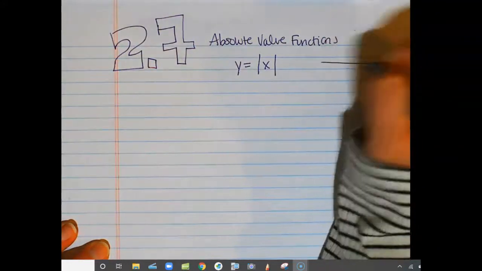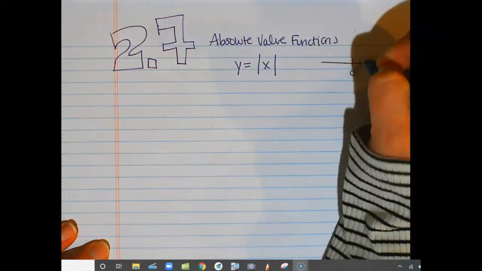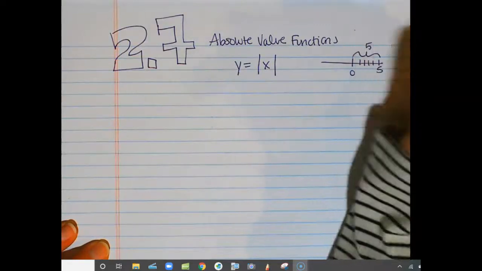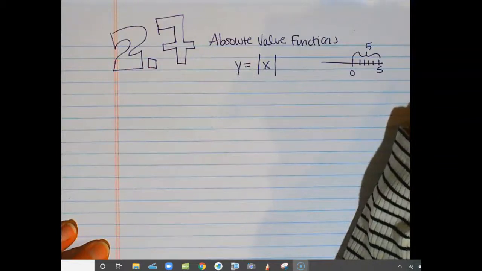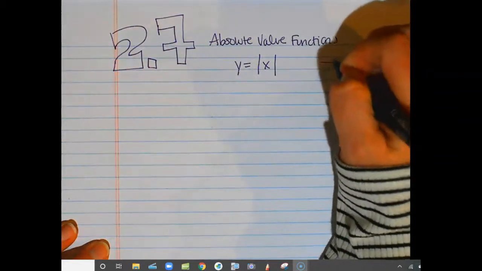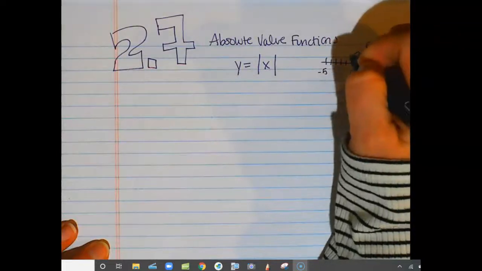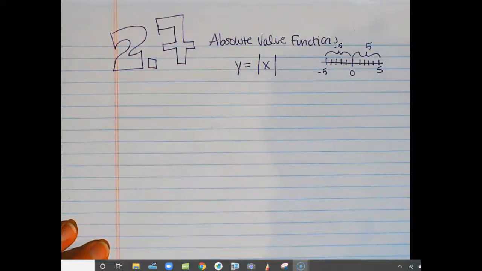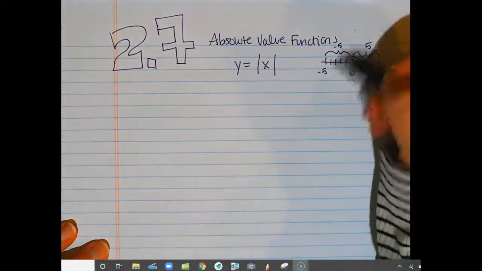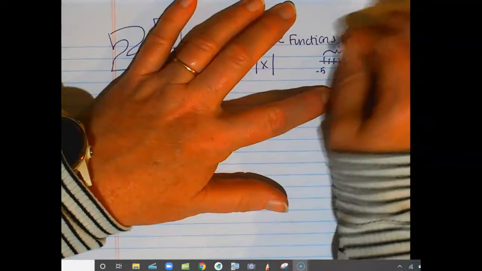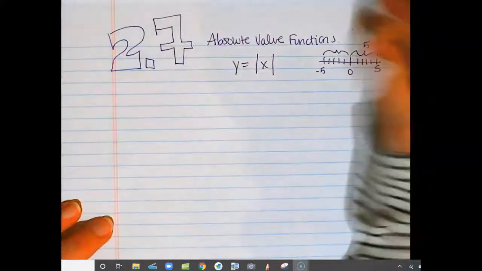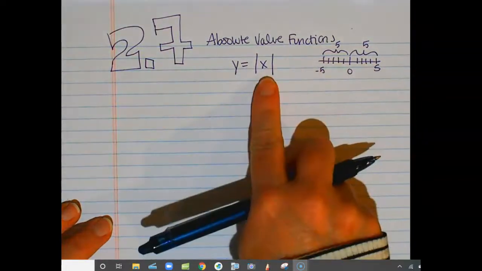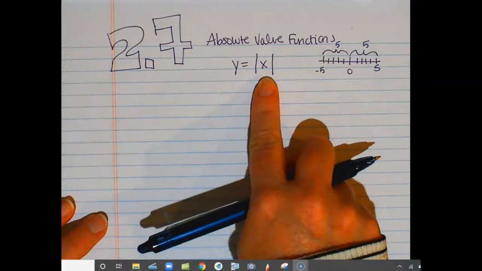So we talked about if here's 0, if we walk 5 paces this way up to +5, our GPS would say 5 steps. If we walk backwards, 1, 2, 3, 4, 5 to -5, the Garmin watch is still going to tell us we walked 5 steps, but we walked in the negative direction. So it's not really negative on the watch. Absolute value says you walked 5 steps. That's the distance away from 0. So numbers that come out of absolute value are always positive.